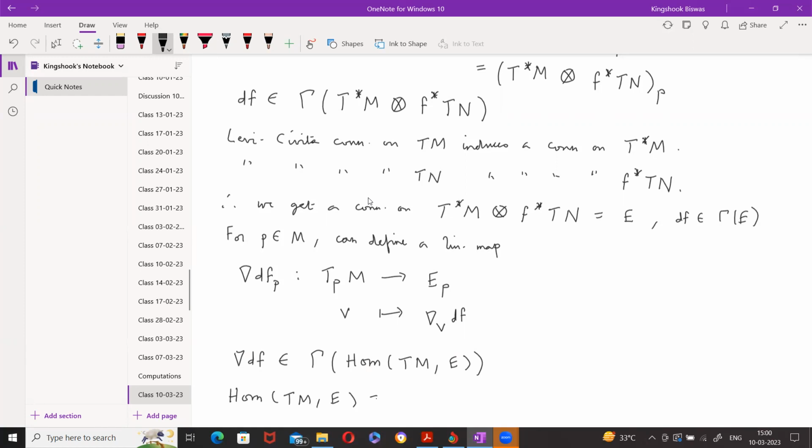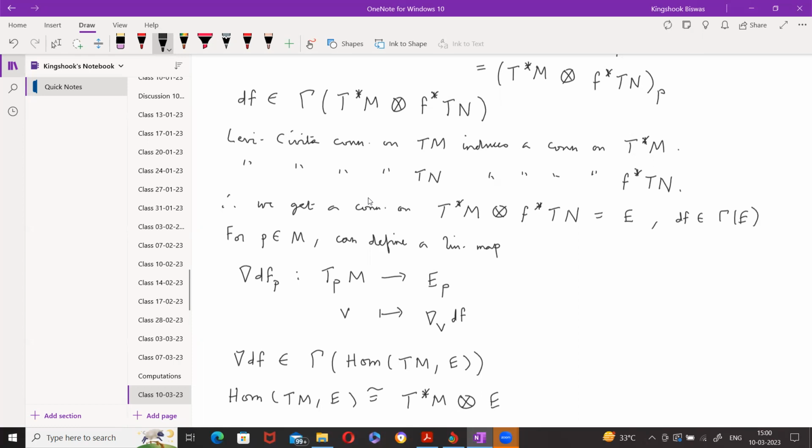This is equal to, I can identify this with T star M tensor E, right? Yes, sir.